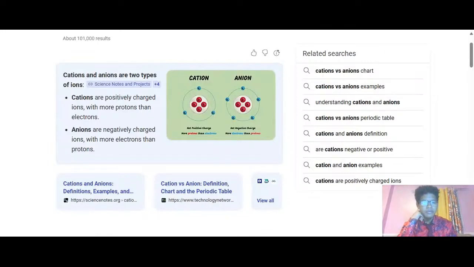Cations and anions are two distinct things. We did highlight that. So let's go back to the syllabus, back to the document.